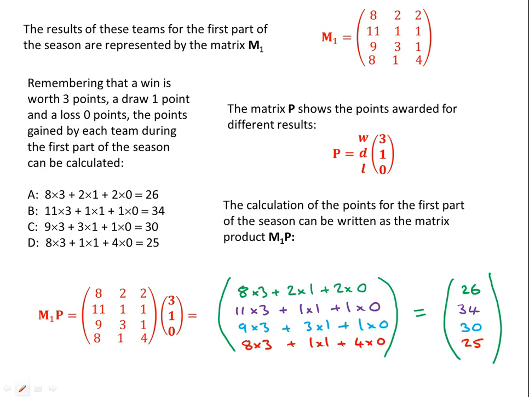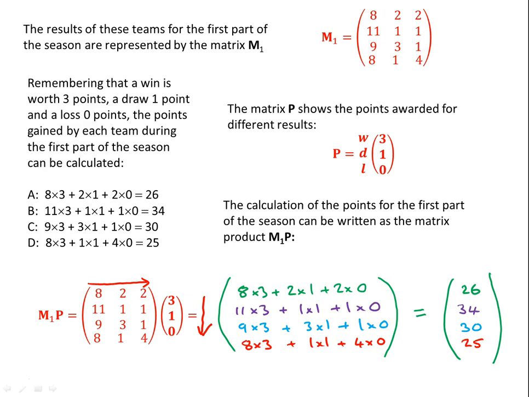So, looking at how we've done that multiplication, we need to go across the first matrix and then down the second matrix.